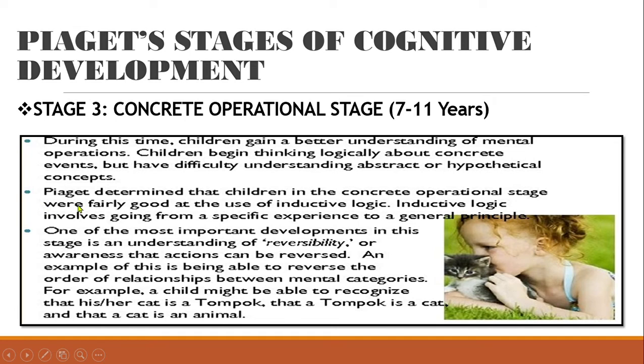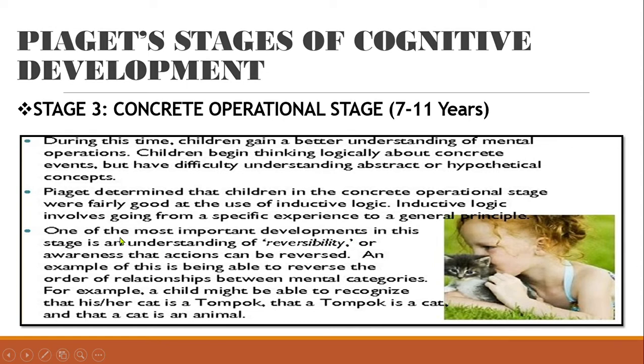Piaget determined that children in the concrete operational stage were fairly good at the use of inductive logic. Inductive logic involves going from specific experiences to a general one. So inductive is from specific to general principle.